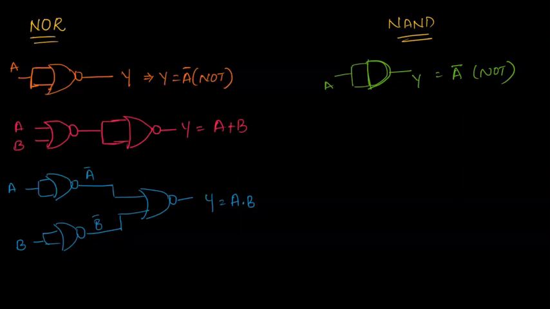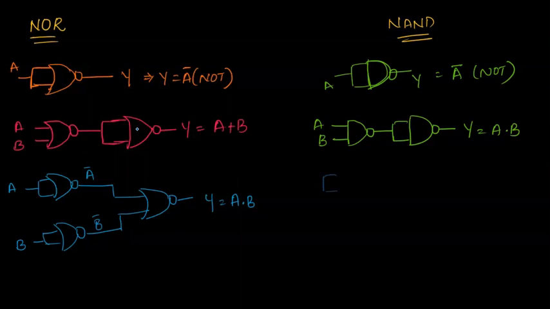Now let us see if we can realize AND gate using NAND. Okay, so for that we will be needing a NAND followed by a NAND used as NOT, like this, then Y equal to A dot B, where A and B are the inputs. Okay, so now finally realizing OR gate using NAND.